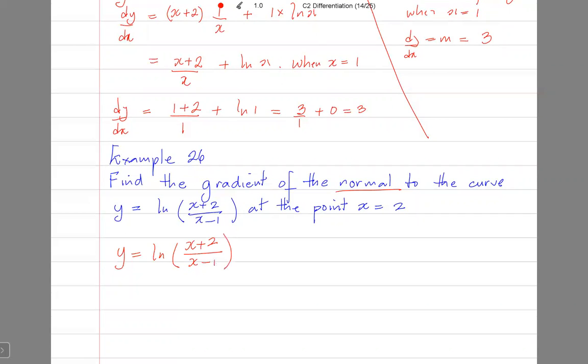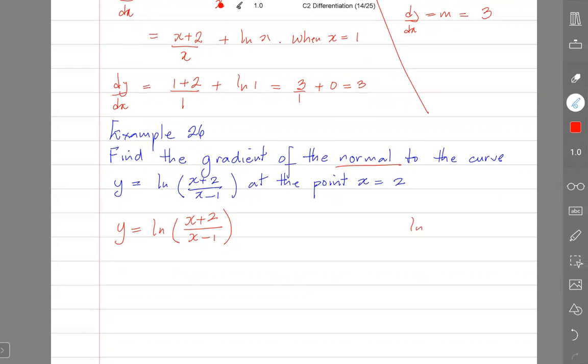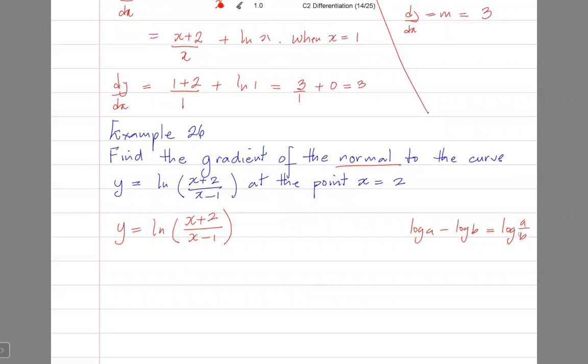Now I'm going to use my law of logarithms. Log of a minus the log of b is equal to the log of a divided by b.